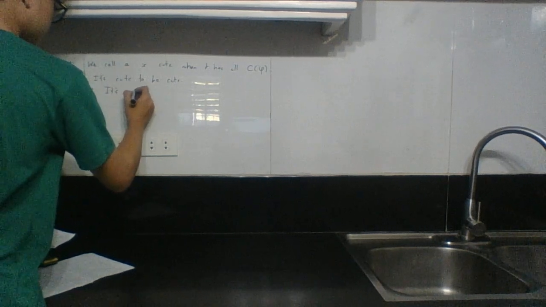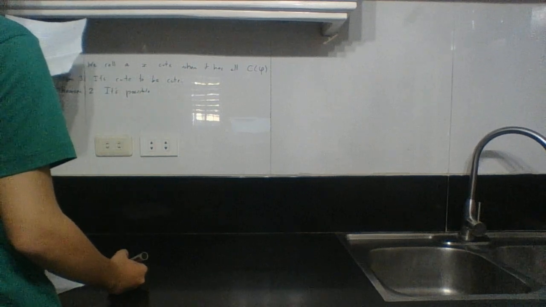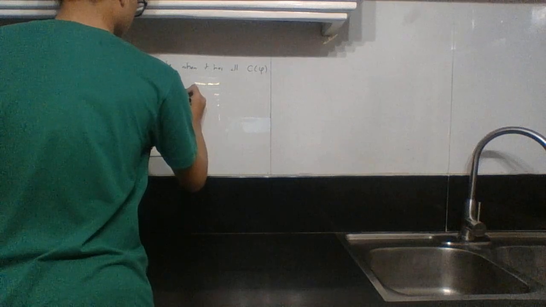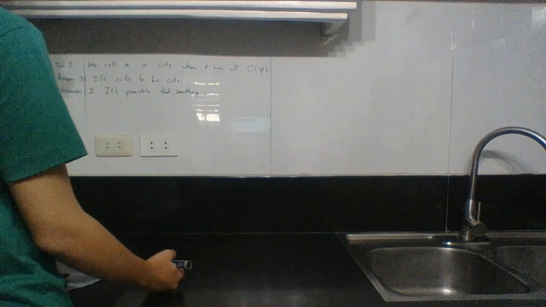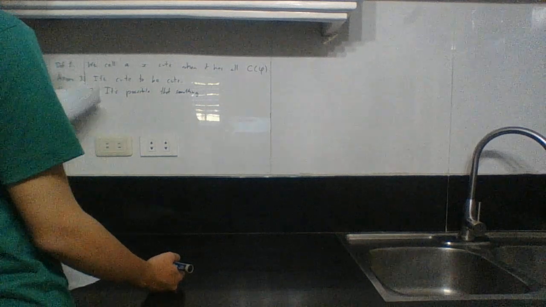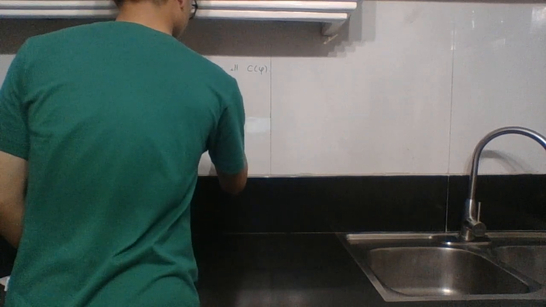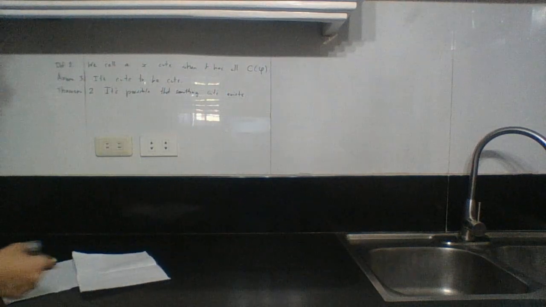So it's possible that something cute exists. All right, so we're not diving into negativity here, but we want this theorem here. We're not a bunch of negative people here.